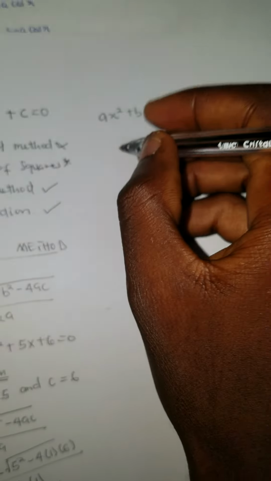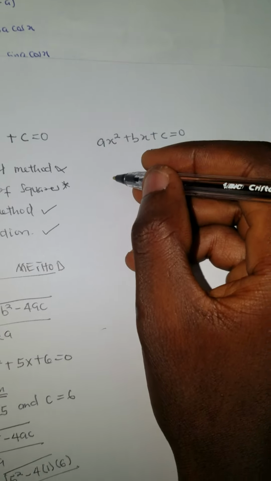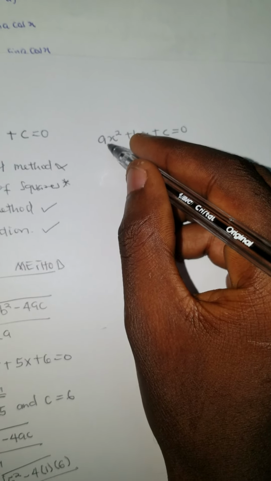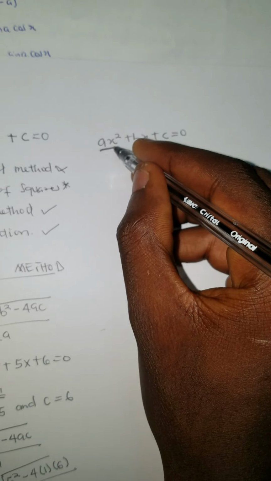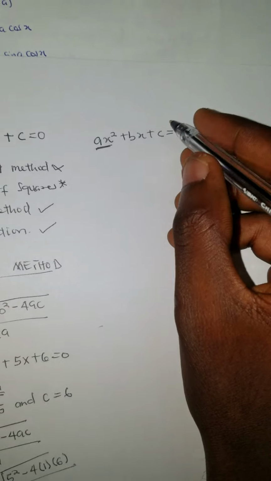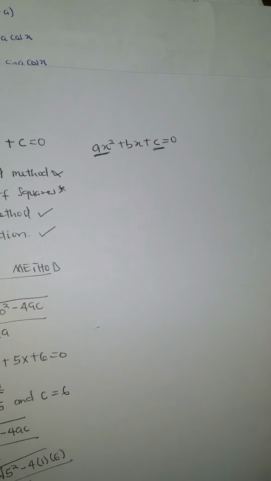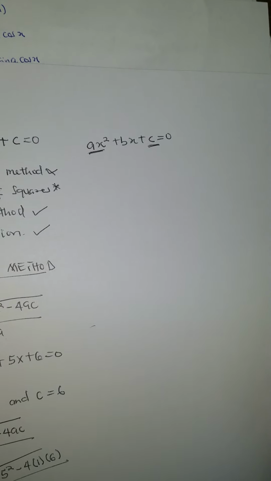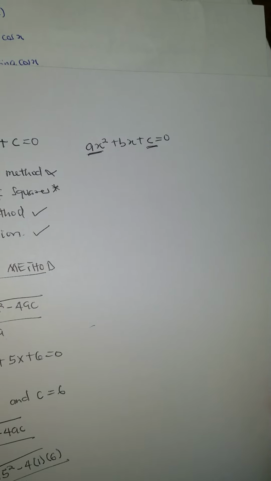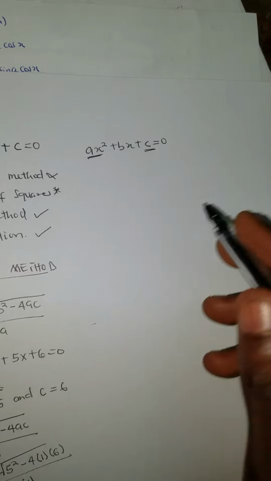Sorry, what you do is you pick the coefficient of the x squared, and multiply it by the coefficient of the x naught, or x raised to the power 0, which is a constant.